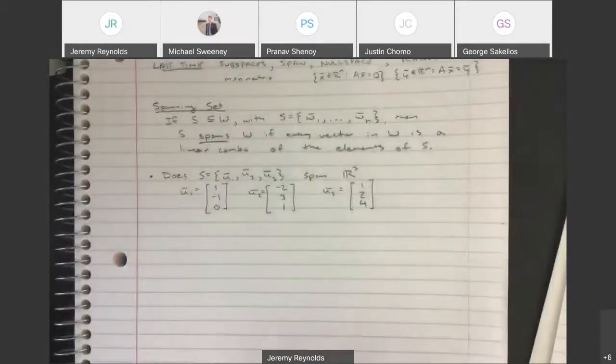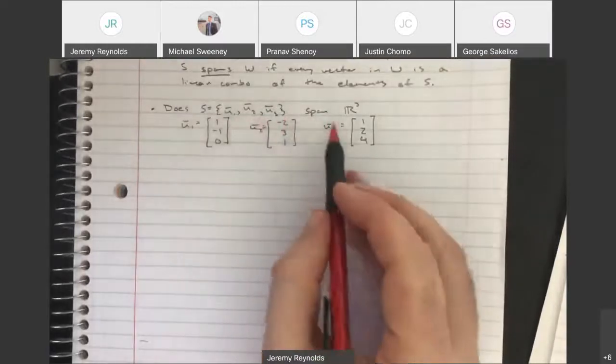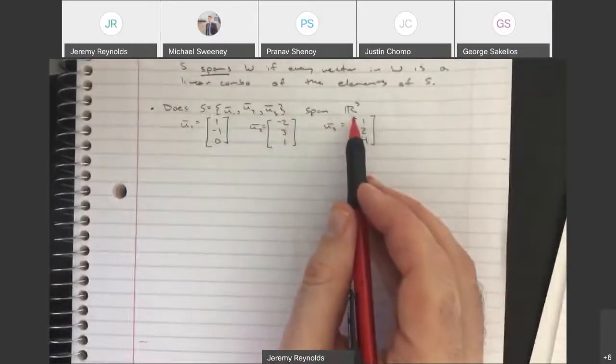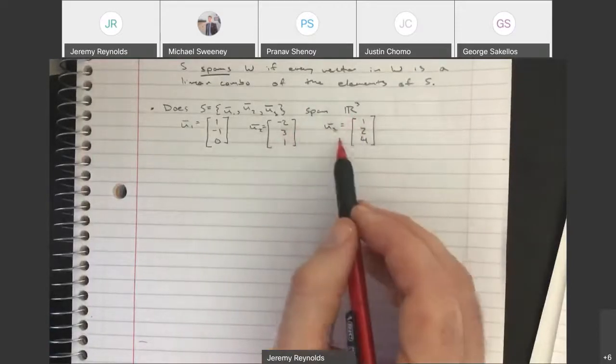So then we have this problem, and if this set of vectors spans the three-dimensional space, that means that we should be able to create any vector in R3 from this group.